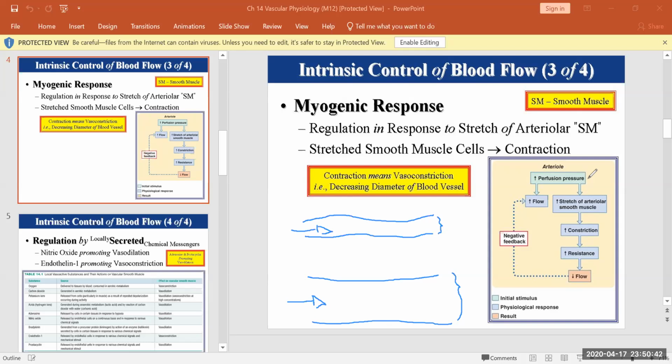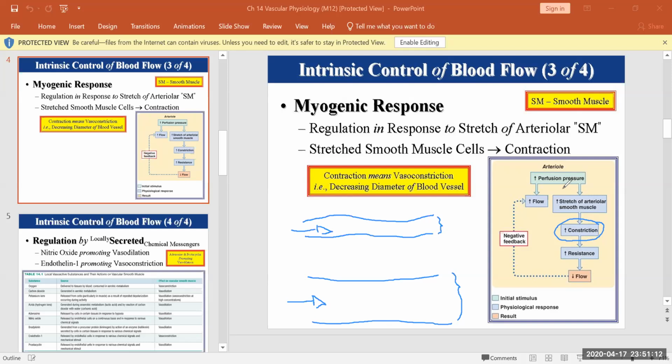So when the pressure pushing blood forward is increased, right? So stretch of arterial smooth muscle here, your blood vessel will be stretched out. They will respond by constricting, right? Whenever the pressure that pushes blood through a blood vessel increases, it tends to expand the wall of a blood vessel.